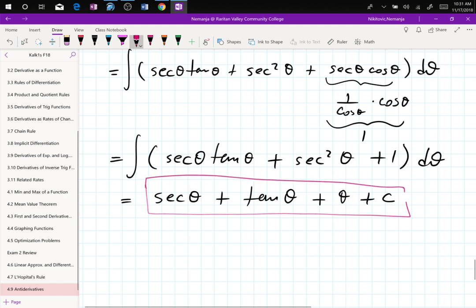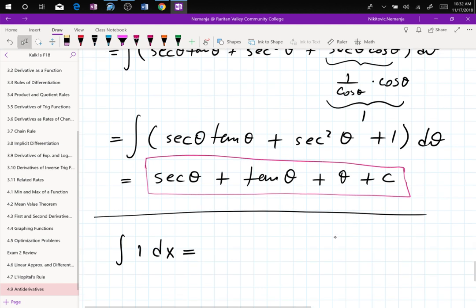In case you're not sure why the integral of 1 dx is equal to x, here is why. You can write 1 as x to the 0, right? Can you? Mm-hmm.